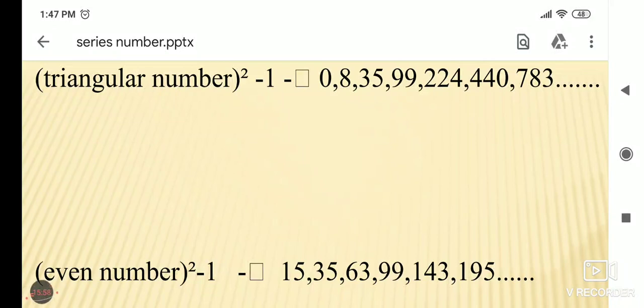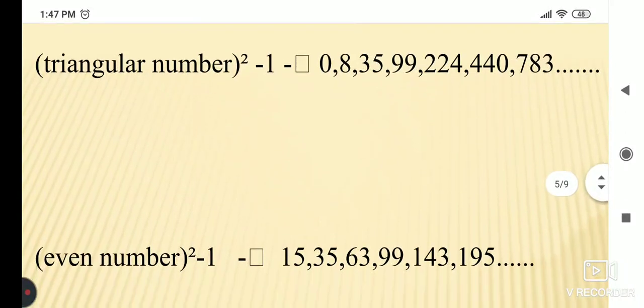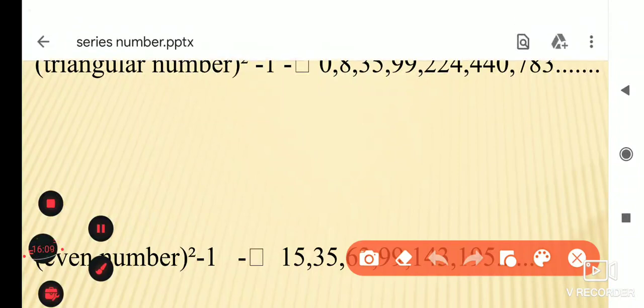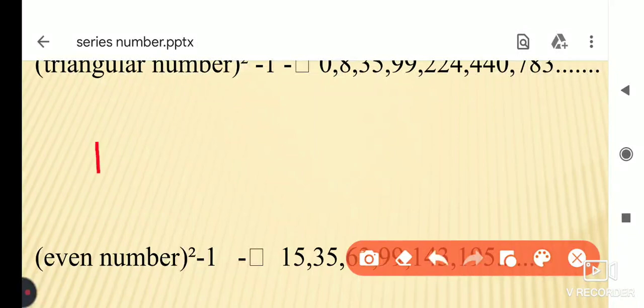So in the first pattern, the first triangular number is 1. So the square of 1 is 1 minus 1 is equal to 0. We get the first answer, that is 0.